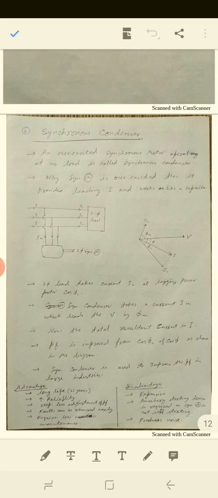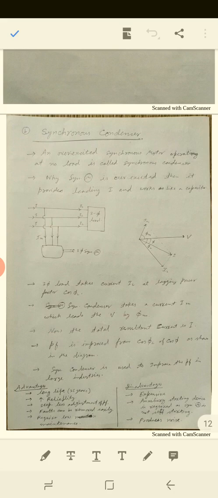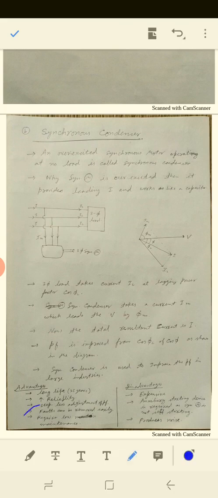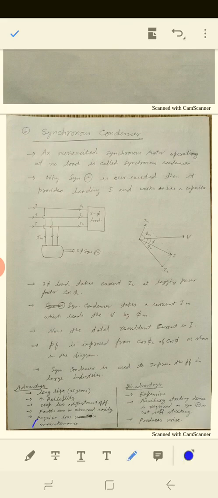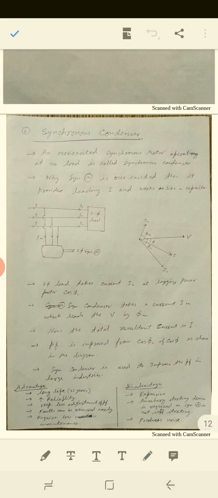We get one power factor at one capacitor value, and if we change the capacitor value, there will be a different power factor, but we cannot get stepless adjustment of power factor. This is the main benefit of the synchronous condenser. The next one is that faults can be corrected easily, and the last one is that it requires low maintenance.